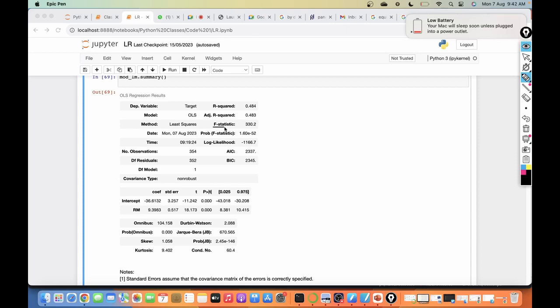So the f statistic. Now what does the f statistic represent? Again, the f statistic will have a null hypothesis and an alternate hypothesis, remember the ANOVA f test.